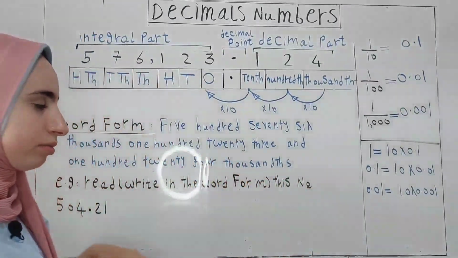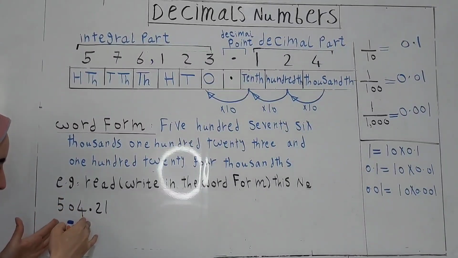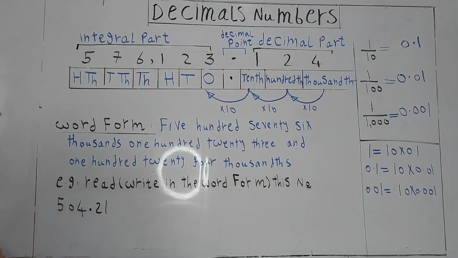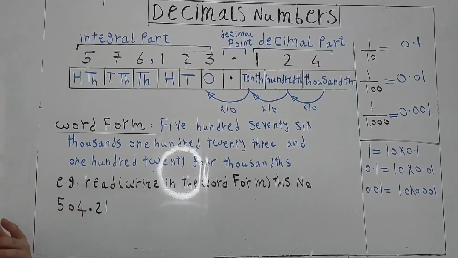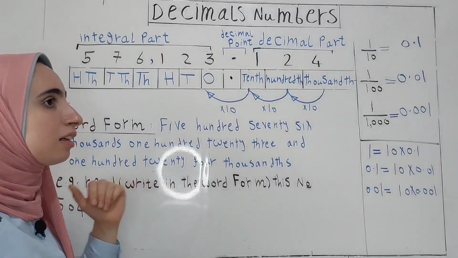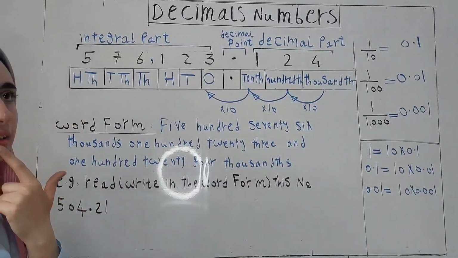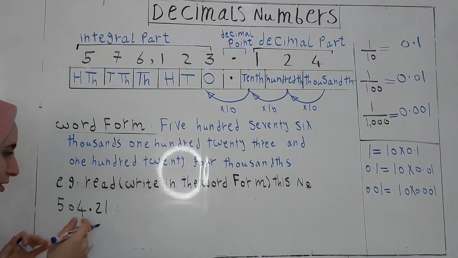And the second way, the ordinal and cardinal way: we read the whole number as it is, 504. And when we reach the decimal point, we say and 21. 21 what? 21 tenths or hundredths? 21 hundredths.